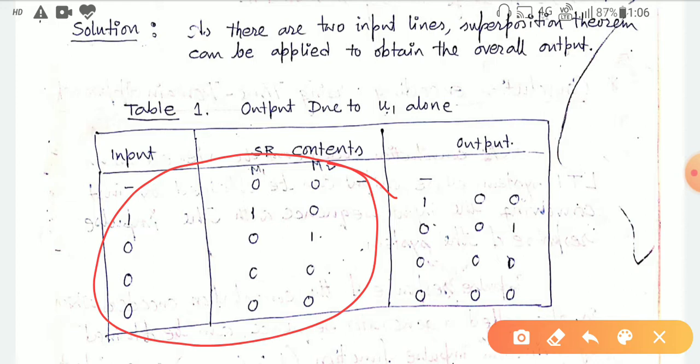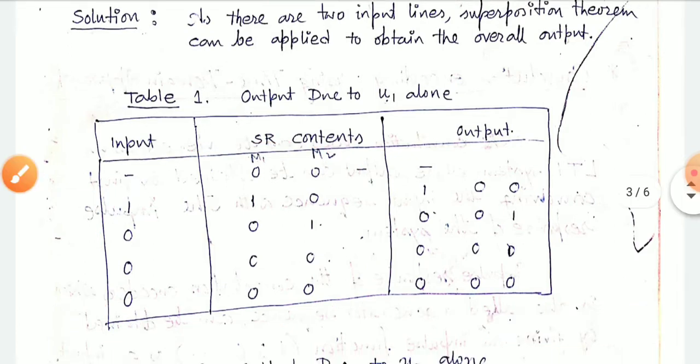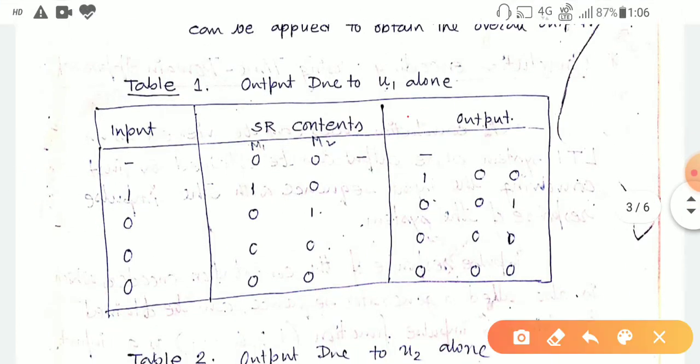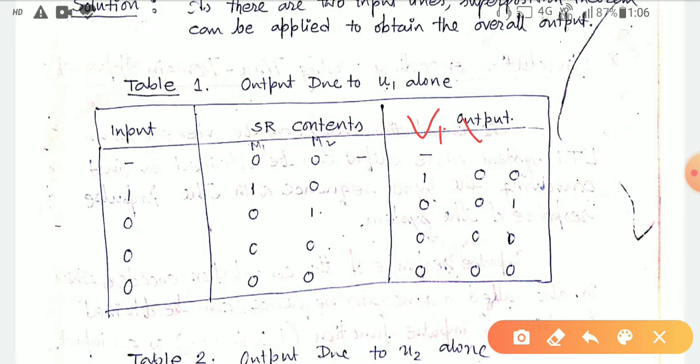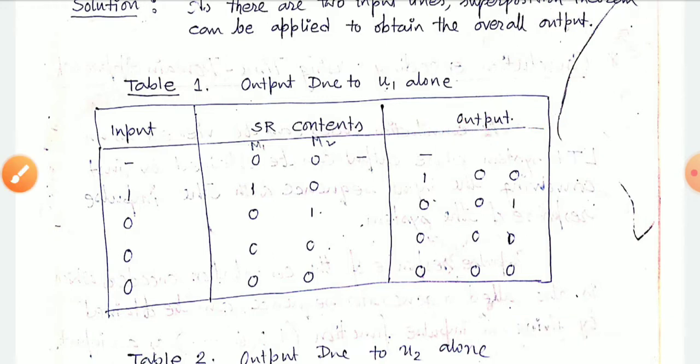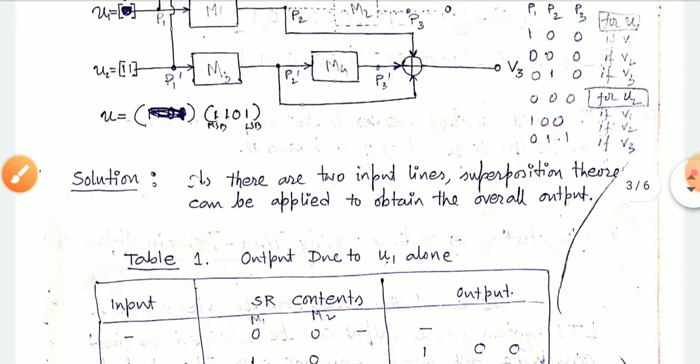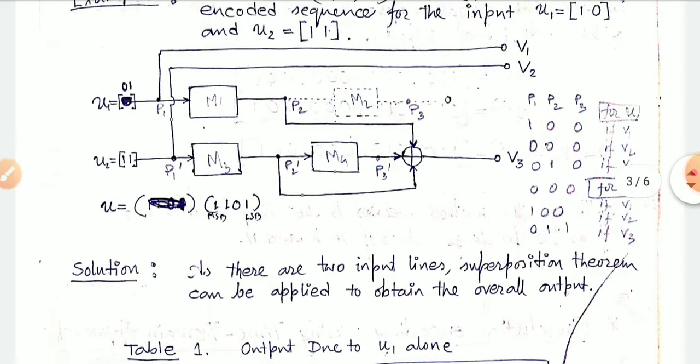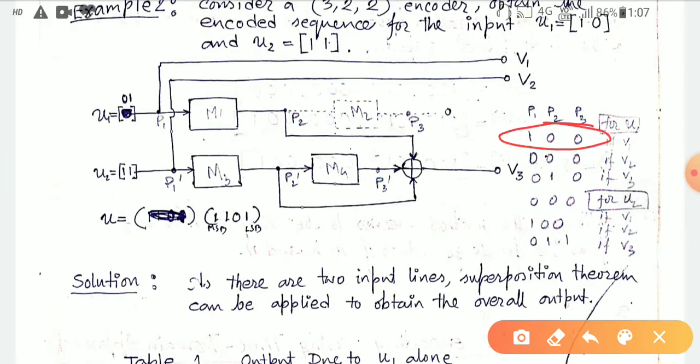Now you have to check v1 v2 v3. This is the v1 column, this is the v2 column, and this one is the v3 column. So v1 is defined as a form of 1 and the others as 0, so that has no effect there.